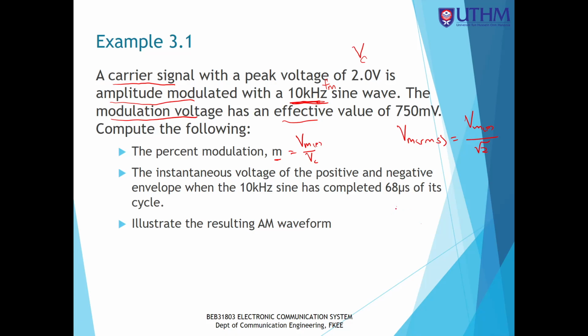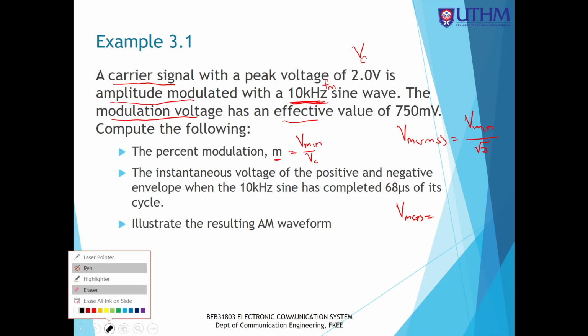So if you want to find the peak value, Vm peak is equal to square root of 2 multiplied with Vm rms.